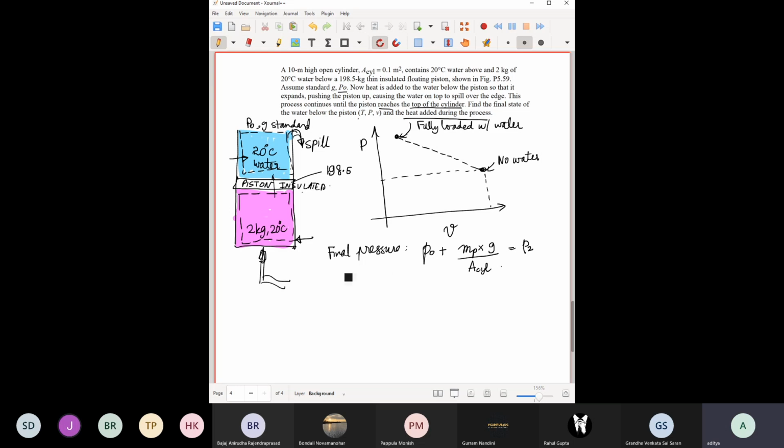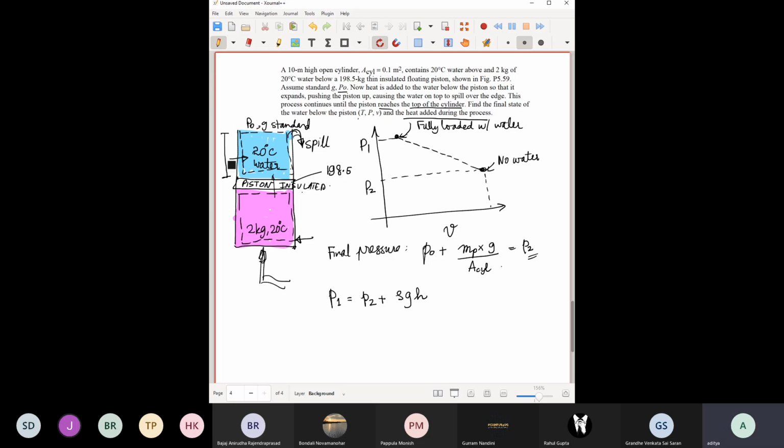So let's just call it P2. So at point 1, this is P2 and this is P1. At P1, it will obviously be P2 plus the hydrostatic pressure due to water, which will be rho g times h.